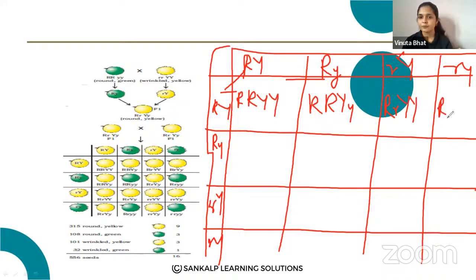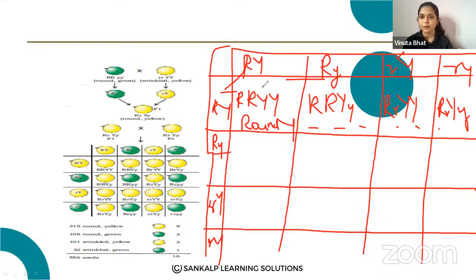Capital R, capital Y, sorry, capital R, small r, capital Y, small y. So here, observe this, all are producing the round yellow seeds, right? All these four are producing the round yellow seeds.